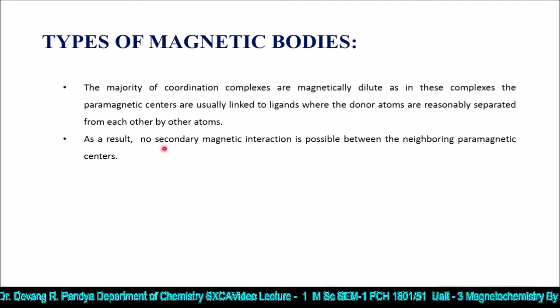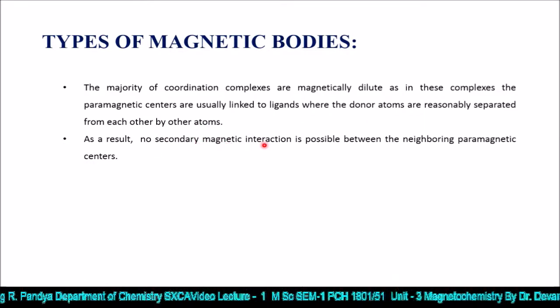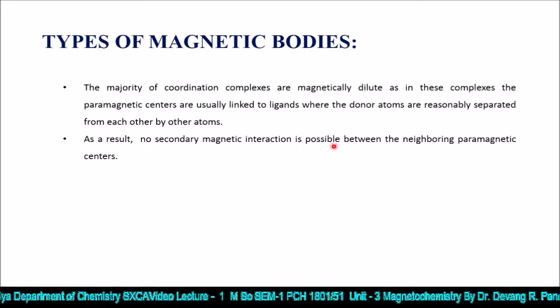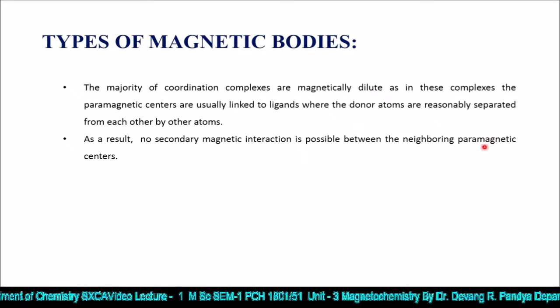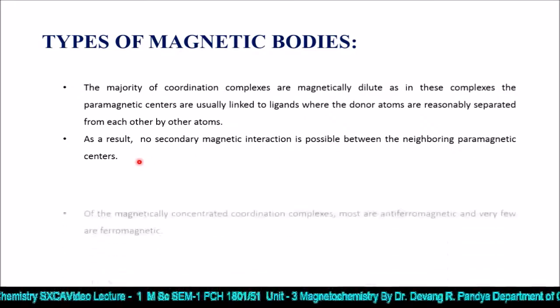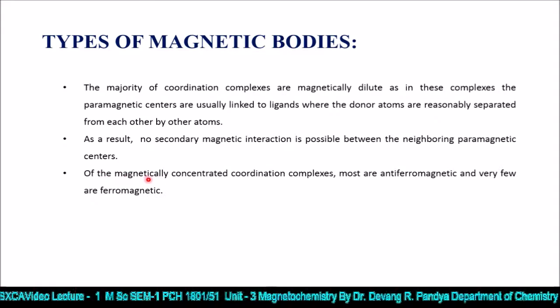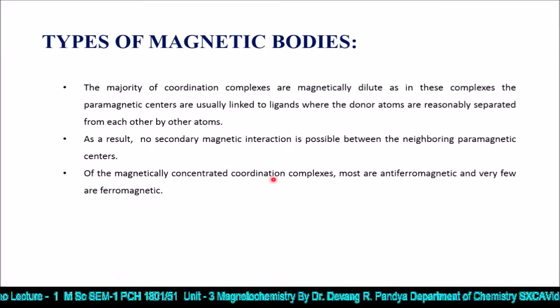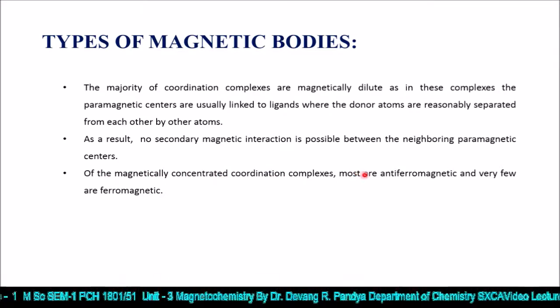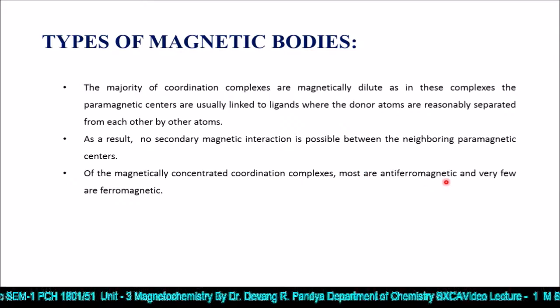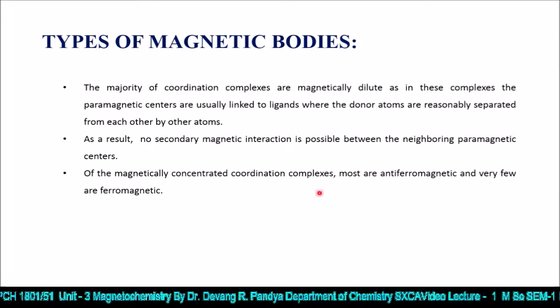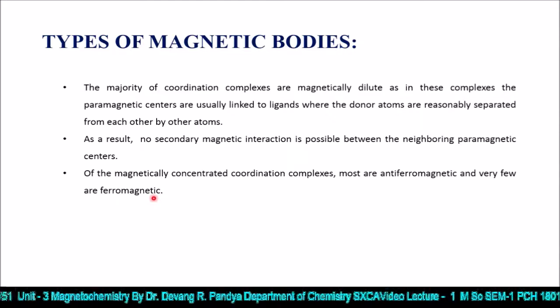As a result, no secondary magnetic interaction is possible between the neighboring paramagnetic centers. Of the magnetically concentrated coordination complexes, most are antiferromagnetic and very few are ferromagnetic.